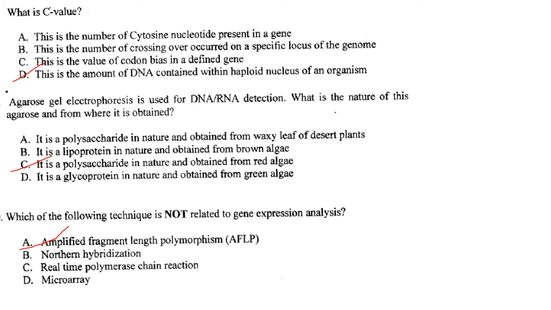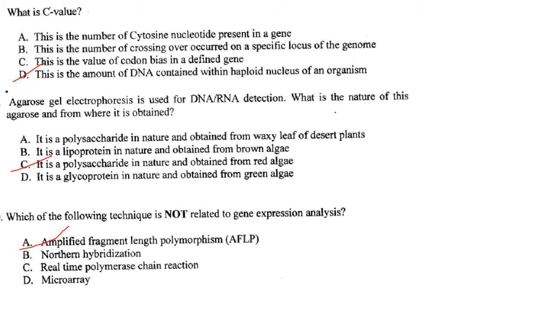Then which of the following techniques is not related to gene expression analysis? So AFLP is a PCR based technique that uses selective amplification of a subset of digested DNA fragments to generate and compare unique fingerprints for the genome of interest. So it is not related to gene expression analysis.